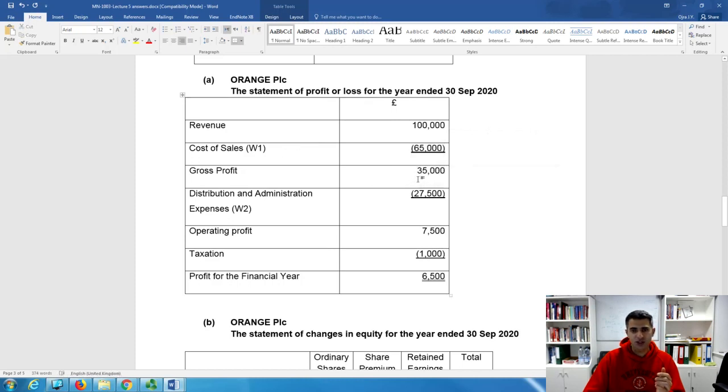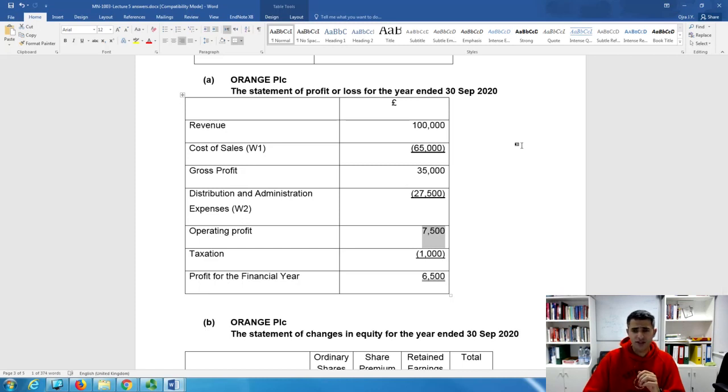And then from gross profit, you need to take the distribution and administration expenses, the one we calculated in W2. And after that, you should find that the operating profit equals 7,500 pound.